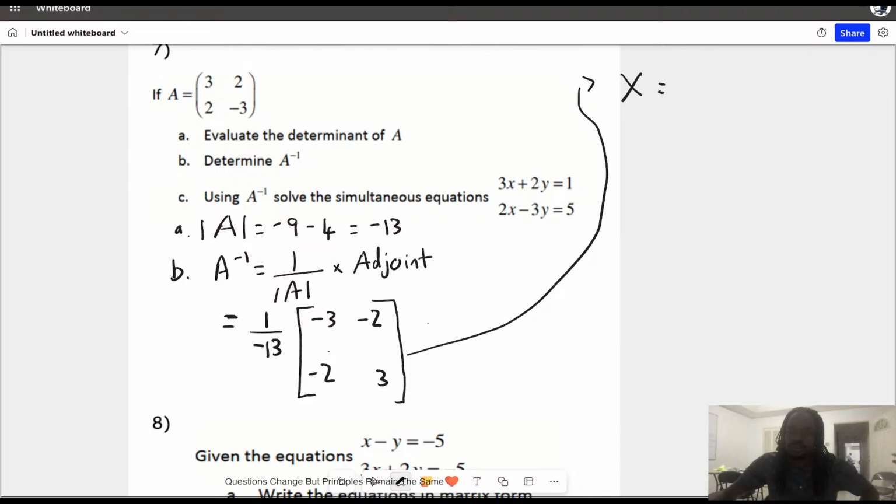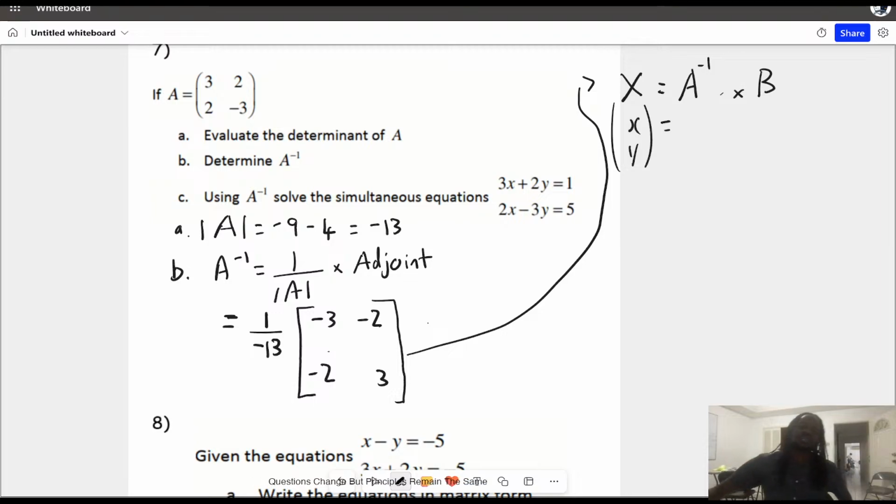So remember now, if we want to figure out what the variables are, I am going to multiply the A inverse by B. So the matrix X is simply going to be X and Y, my two variables.